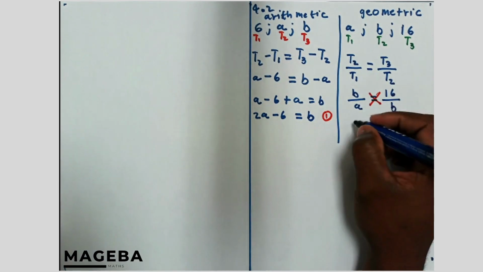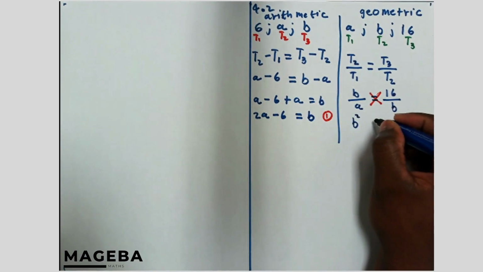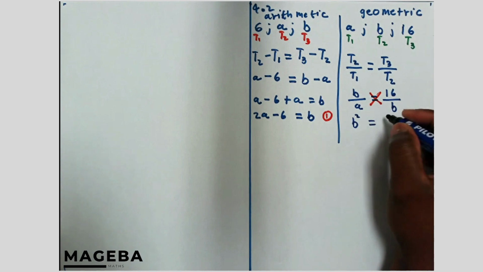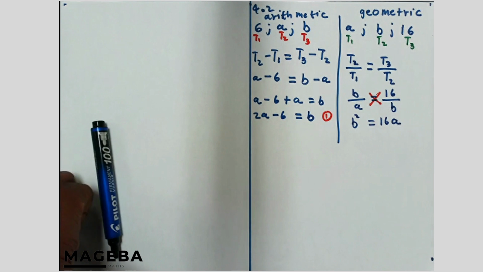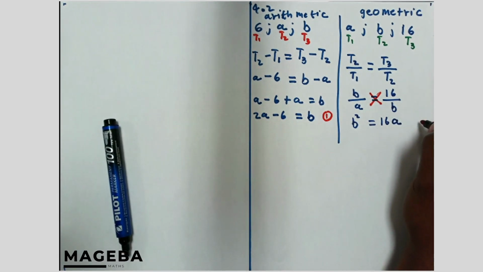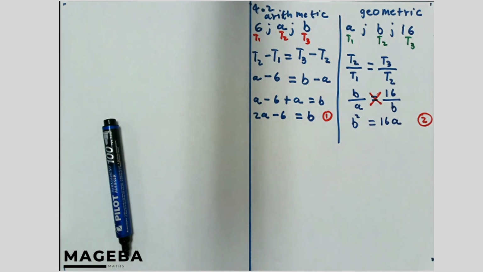Then we have B squared equals 16A, which is my equation number 2.